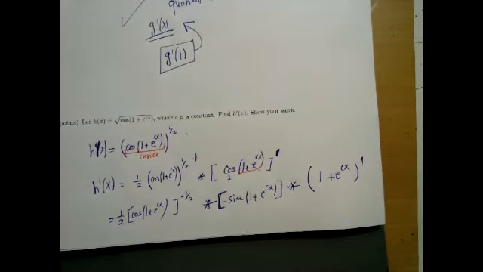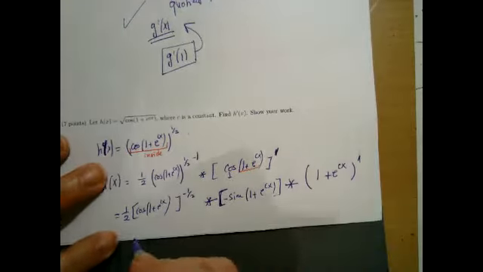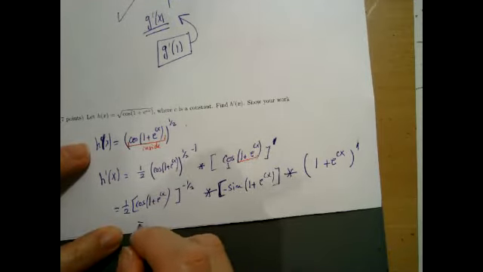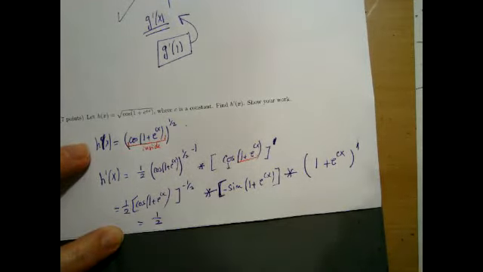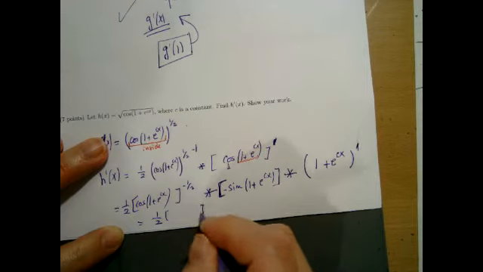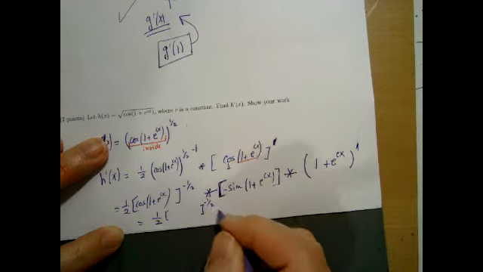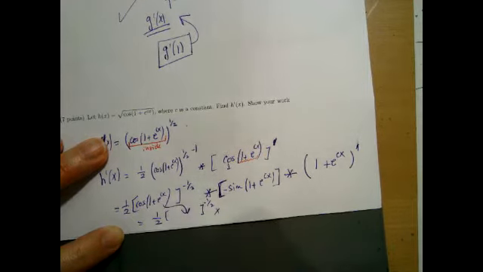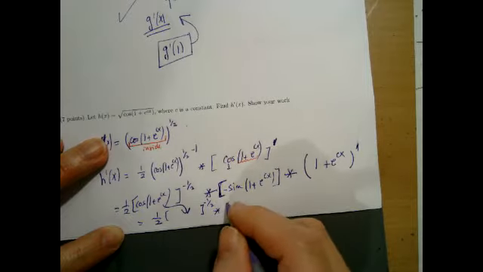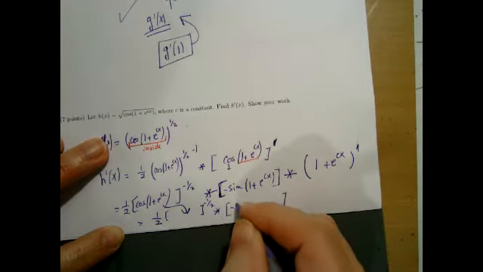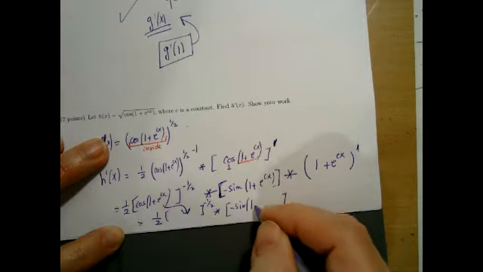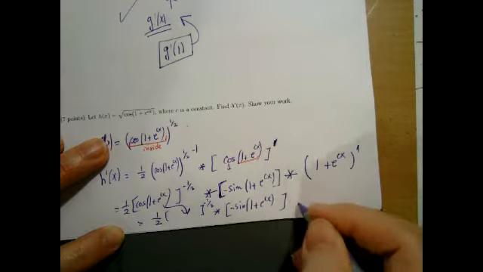Now I think we are at the end of our chain, so it's going to be equal to, let's say, a half, and this is going to remain the same, so this will go here, times, this is remaining because we're done with that, times.